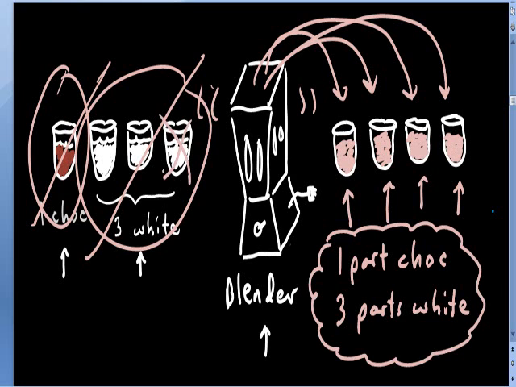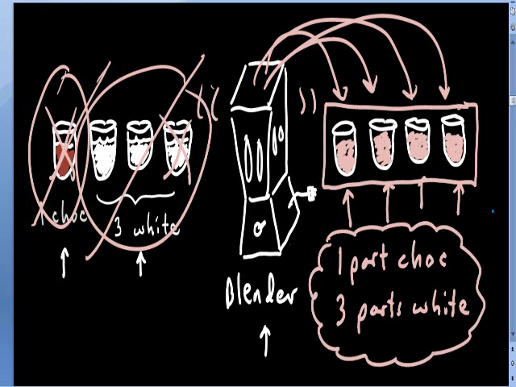They're no longer white milk anymore, nor are they chocolate milk, but rather a blend, a little bit of chocolate and 3 parts white. And these are now equal and similar. They've been essentially hybridized, a blending of the chocolate and white milk.